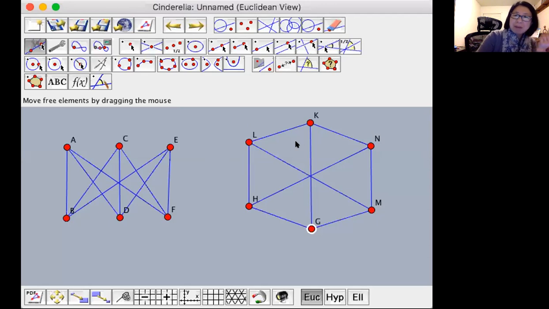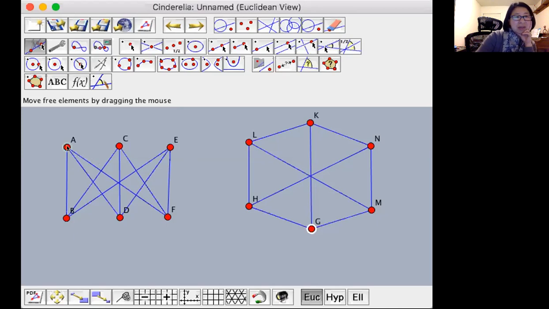But remember, a graph is really a finite set, the vertices, and something that tells us which vertices are connected, right? So a set of vertices and a set of edges. And when I look at this a little closer, thinking about some of our graph theory terminology, I can see they actually have a lot in common, right? This graph on the left has 6 vertices, and this graph has 6 vertices.